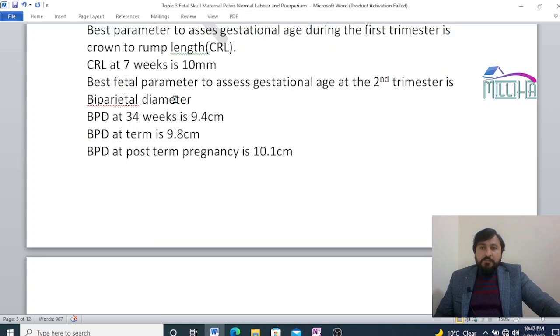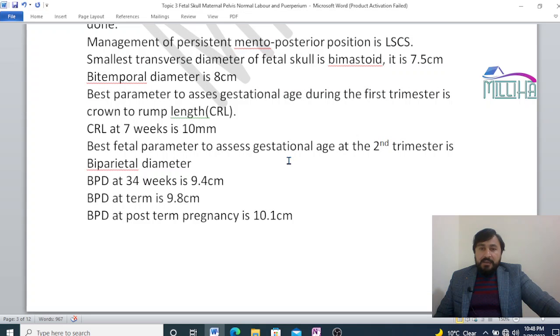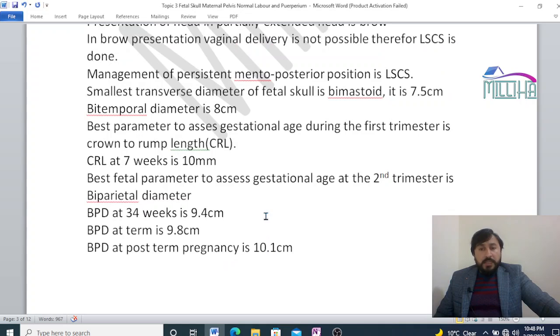The best fetal parameter to assess gestational age in the second trimester is biparietal diameter. Biparietal diameter at 34 weeks is 9.4 centimeter. BPD at term is 9.8 centimeter. BPD at post-term pregnancy is 10.1 centimeter. So if you see a fetus with a biparietal diameter of 10.1 centimeter, you should diagnose it as a post-term pregnancy.